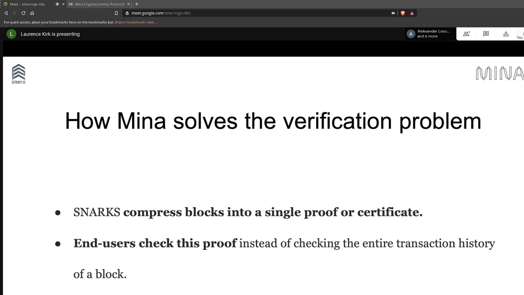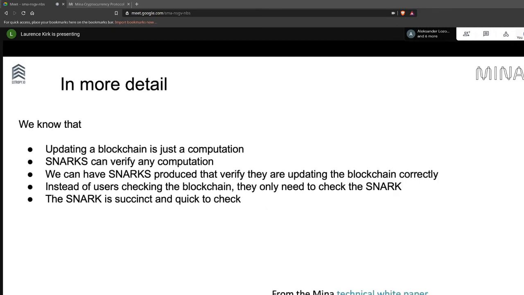To go into that in a little bit more detail, we know that updating a blockchain is really just a computation. We have a certain state of the blockchain at a particular time, and then we have some transition into a state at a later time when we add an extra block. So what we're doing when we're verifying it really is verifying this transition between the blocks. And this is just a computation. And as I said earlier, ZK SNARKs, zero-knowledge proofs, are great at verifying computations and doing this efficiently.